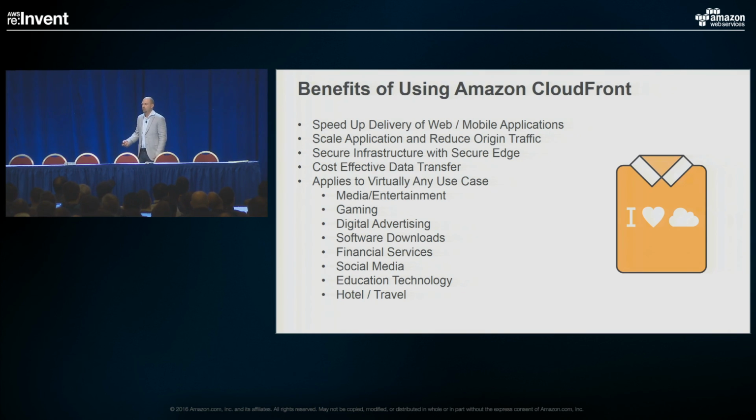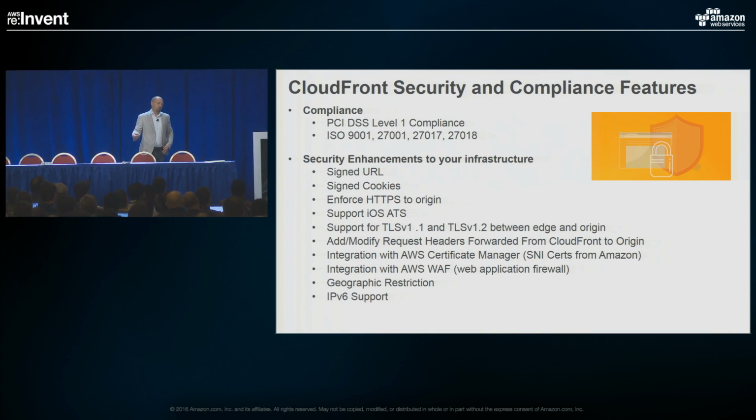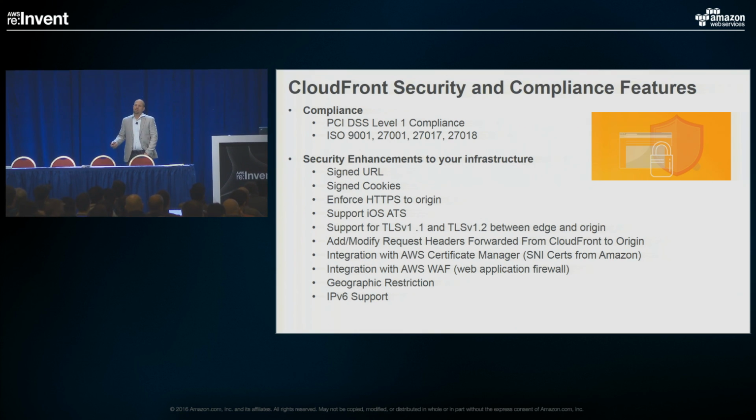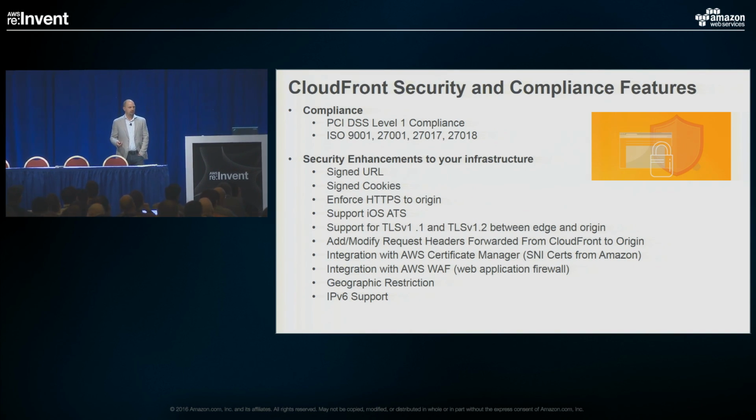And it always comes up about security. And so, again, I have some more security. And just as a recap, there are compliance, and then there's security features or components. So the compliance is PCI DSS level 1. So if you're doing anything with credit card information or transactions, you have to have a PCI compliant architecture.